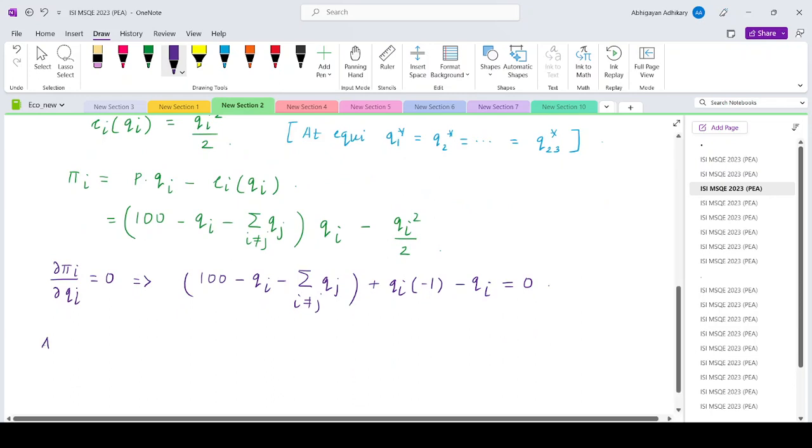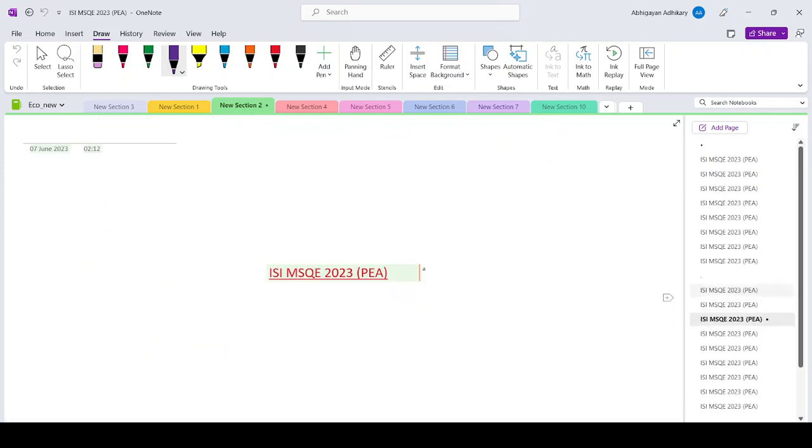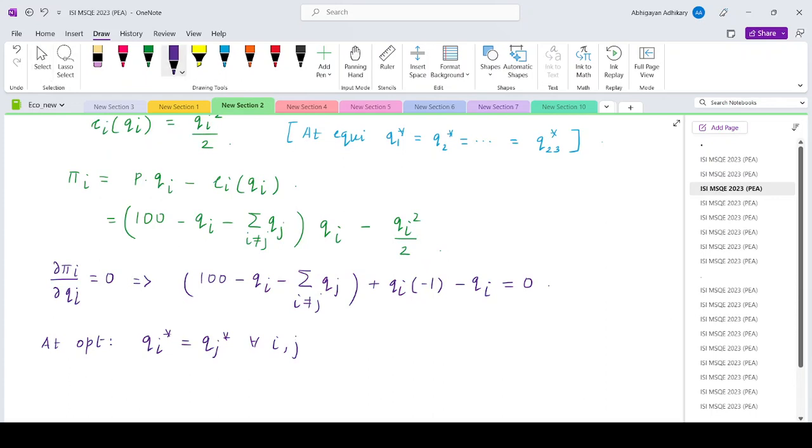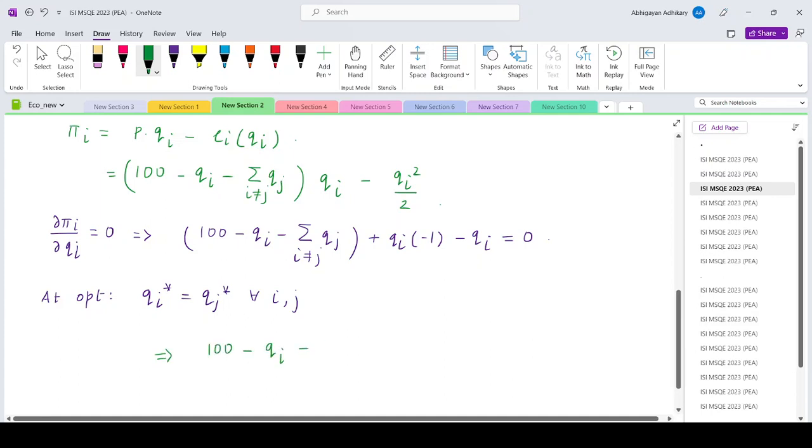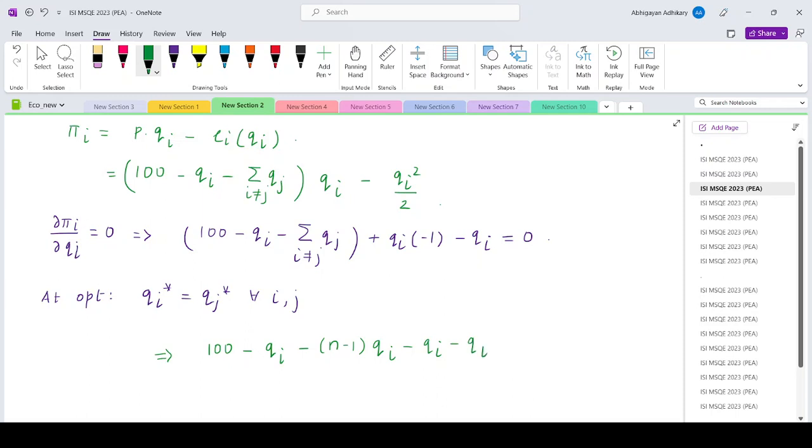At optimal, like we have already noted, Qi* = Qj* for all i and j. So I can simply write 100 - Qi - (n-1)Qi - Qi - Qi = 0.